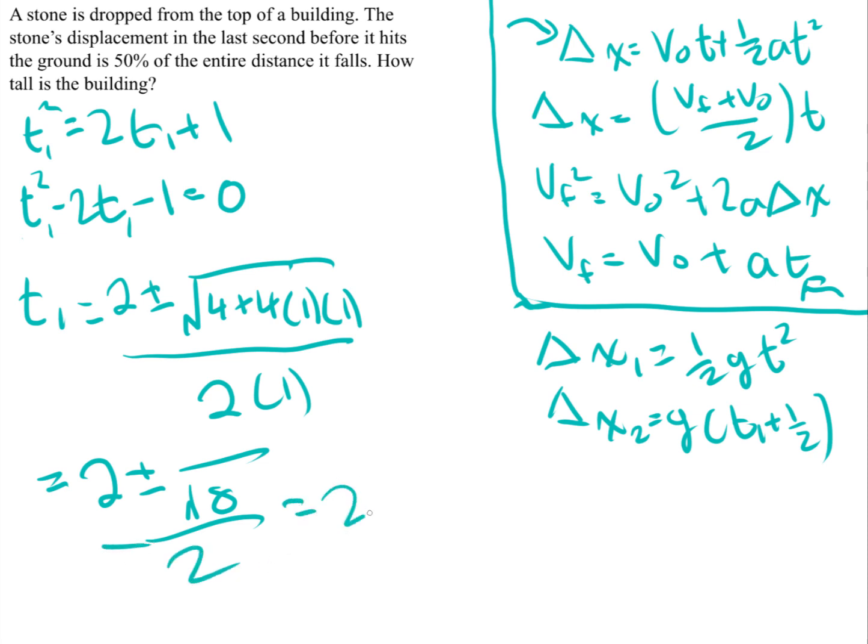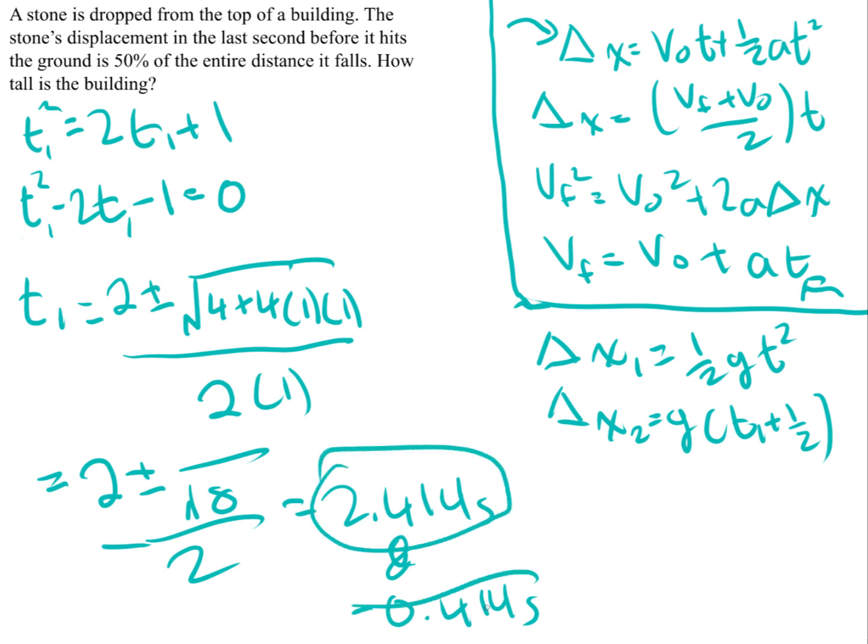This yields 2.414 seconds and minus 0.414 seconds. Looking at these two, it becomes obvious that the first can be our only choice, because we can't have a negative t1.